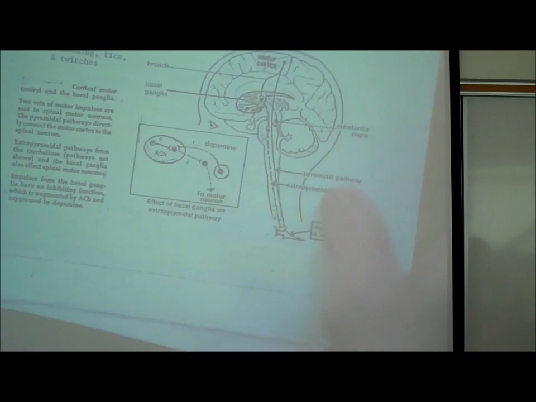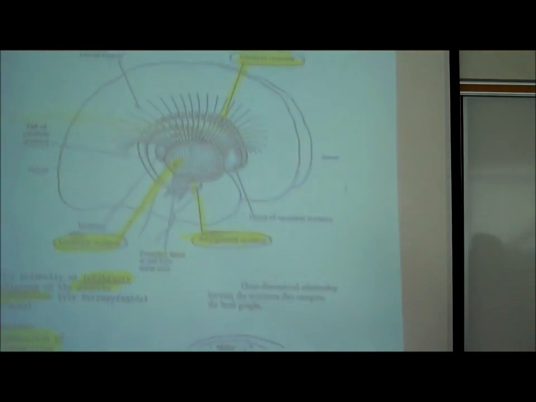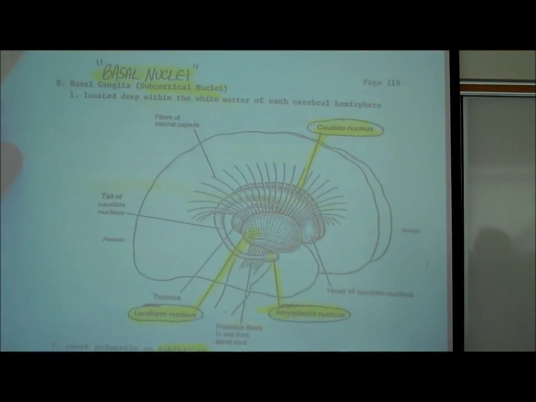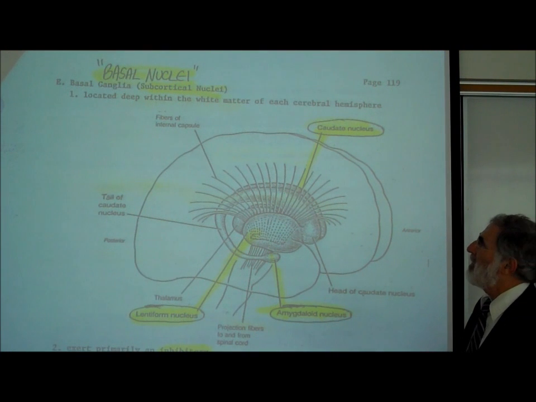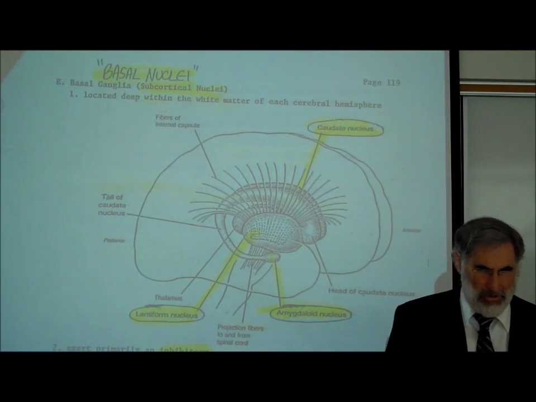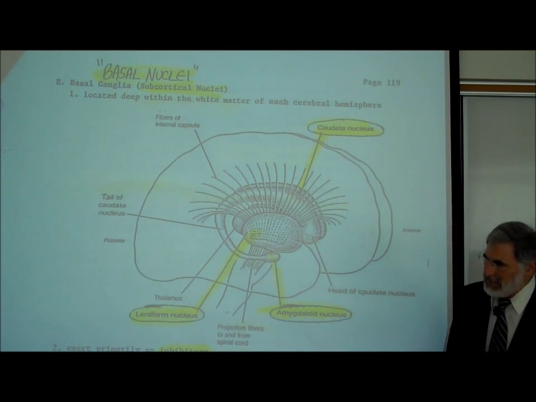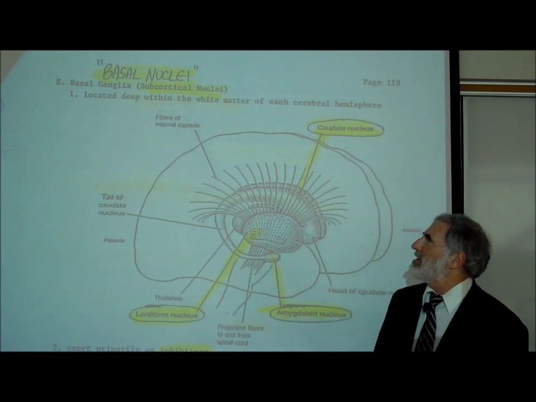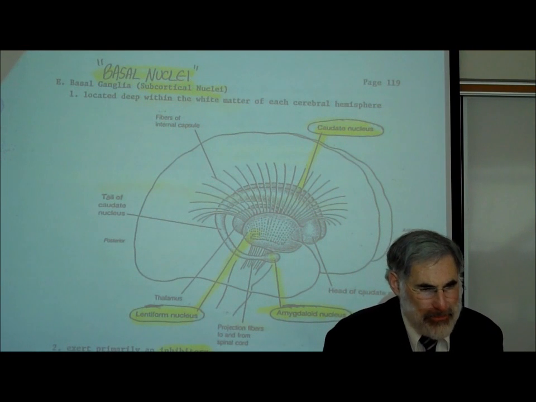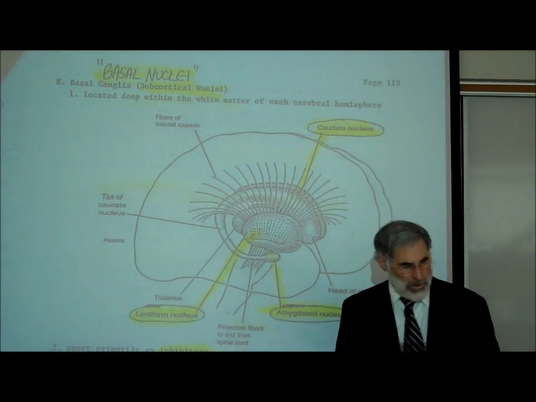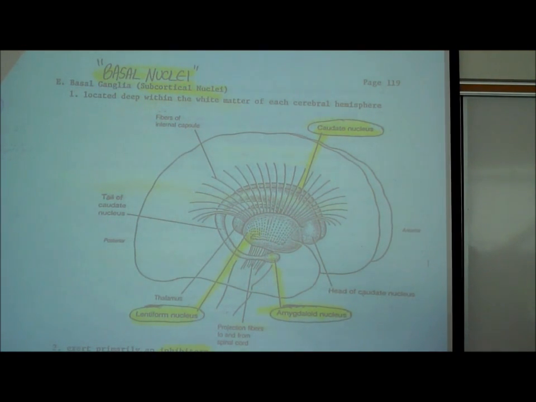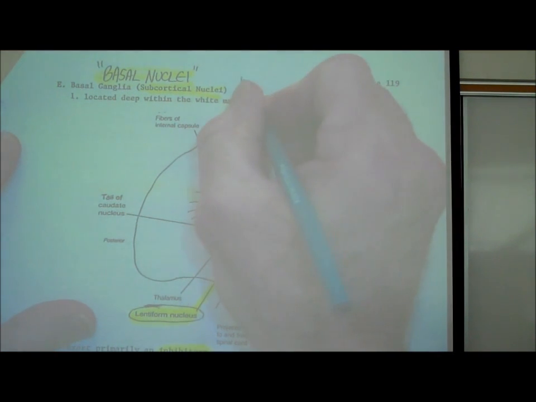On the next page, on page 119, another area of the brain also associated with affecting somatic motor neurons and skeletal muscular activity are the basal ganglia. Now, the word ganglia applied to an area of the brain is a misnomer. You might say, what word did you just say? It's a misnomer.